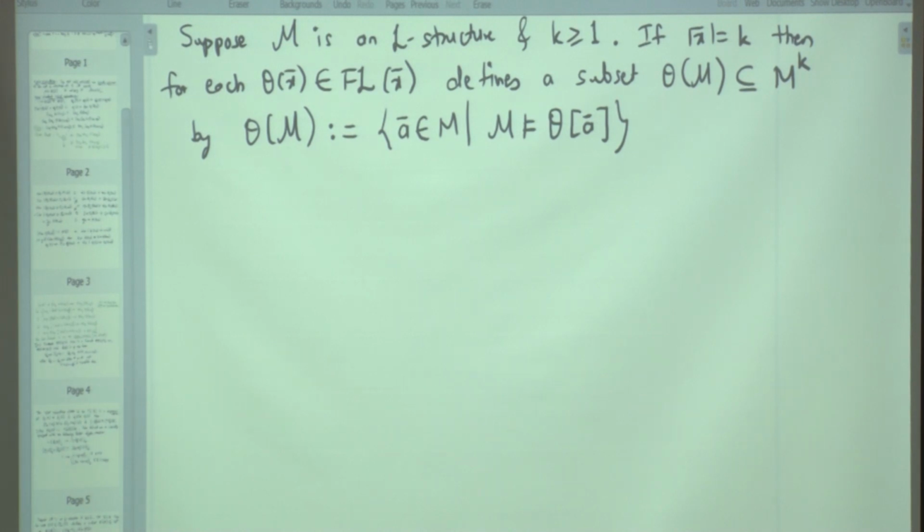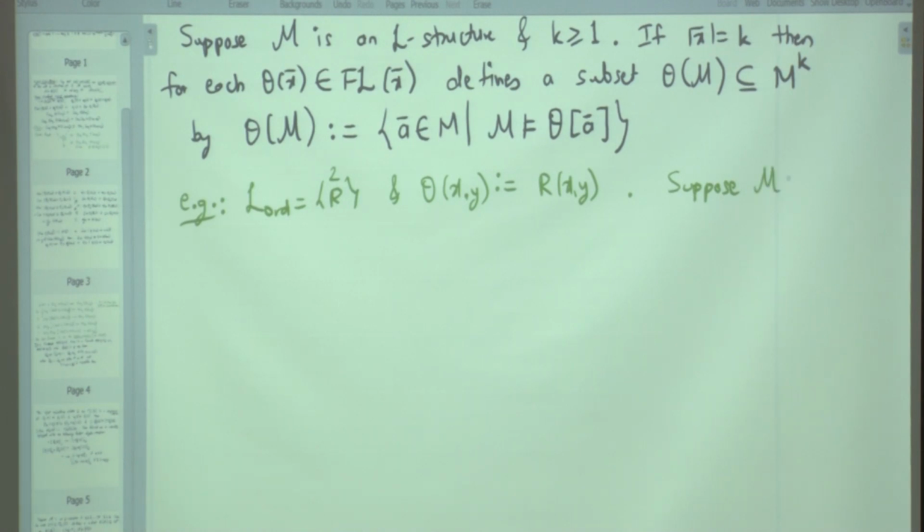So for example, if my formula is simply, for example, L is equal to this, and theta of xy is equal to rxy, and my structure is suppose M is 1 2 3.